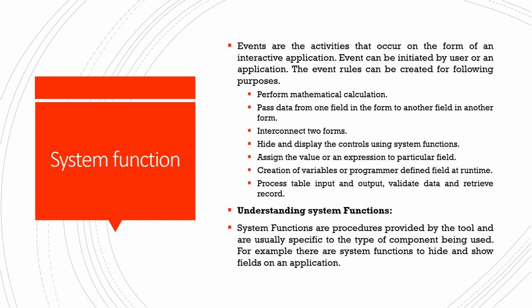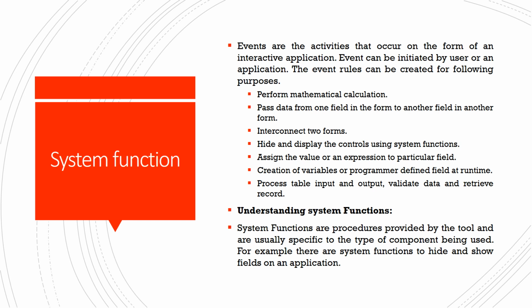The event rules can be created for the following purposes. What is the purpose? For performing some mathematical calculation. Suppose if you give the degree, you want to find the sine theta, then the cos theta, or some mathematical calculation. Suppose you want to find the square root of a particular number. Then passing the data from one field to another field. That means if date of birth is used for age calculation, that is passing data from one field to another field.